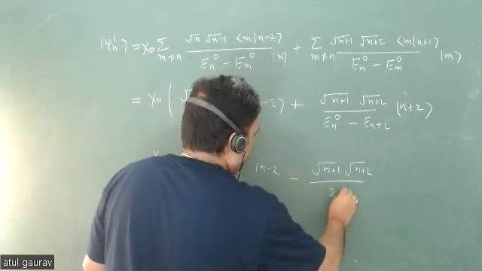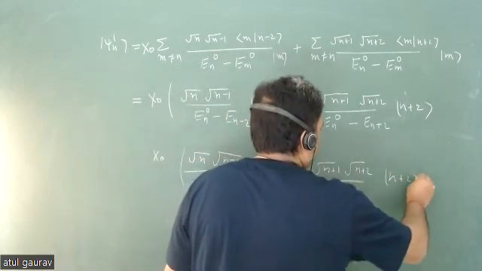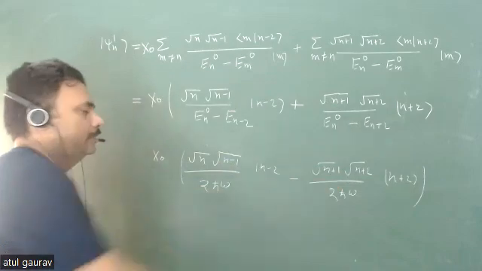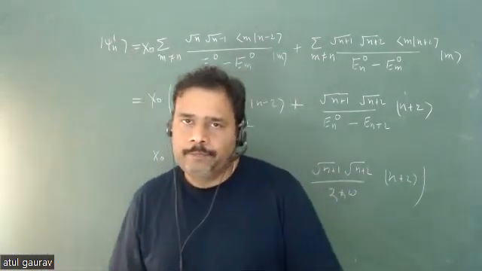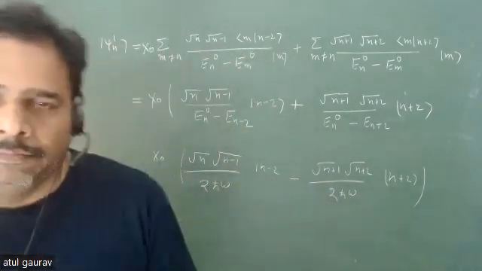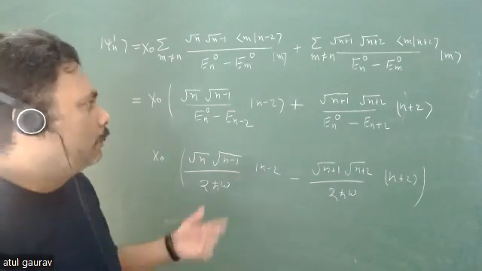Minus 2h cut omega, right? Minus 2h cut omega, and that value is n plus 2. So you can see this will survive there. Okay, is this right? So this is how you can look at the problem.